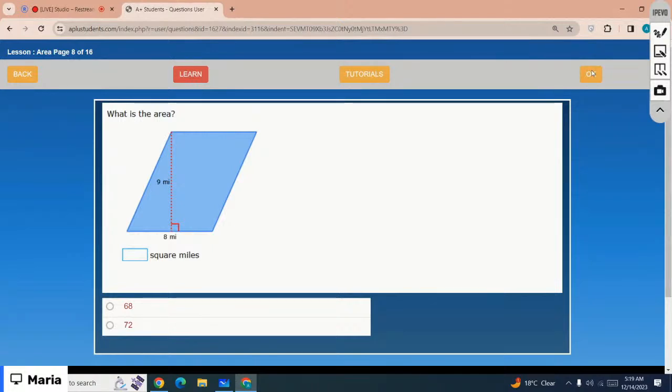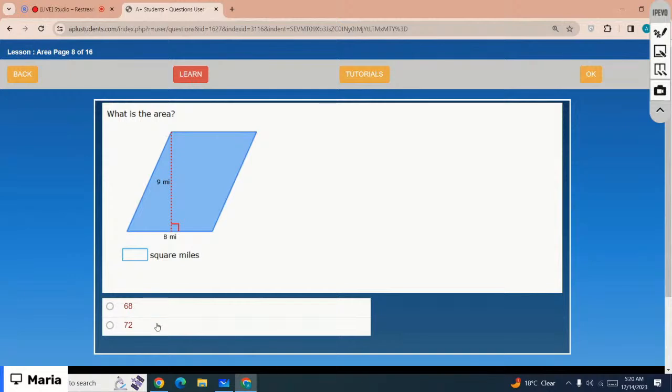What is the area? Which is the correct option? Yes, that is 9 times 8.